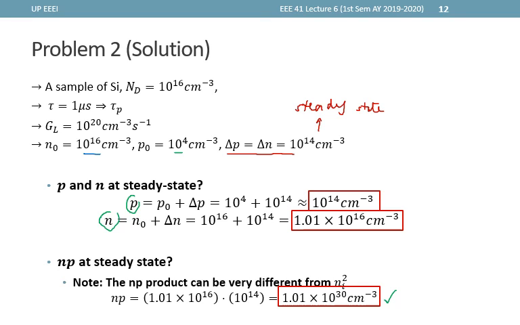Now note that the NP product can be very different from Ni squared in this case, where the material is not in thermal equilibrium. We use NP equal to Ni squared only when the material is in thermal equilibrium. In this case, there's generation due to light, it is not in thermal equilibrium, so NP is not Ni squared.